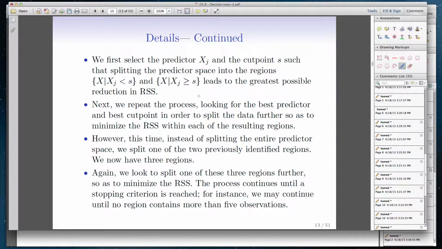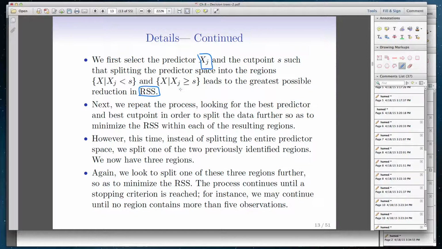So we first select the predictors, how many predictors we want to have. Then we start subdividing our space such that we minimize the residual sum of squares by that division. Remember that when you divide your space, your prediction for that subspace is the average of the outcomes you get from that subspace.